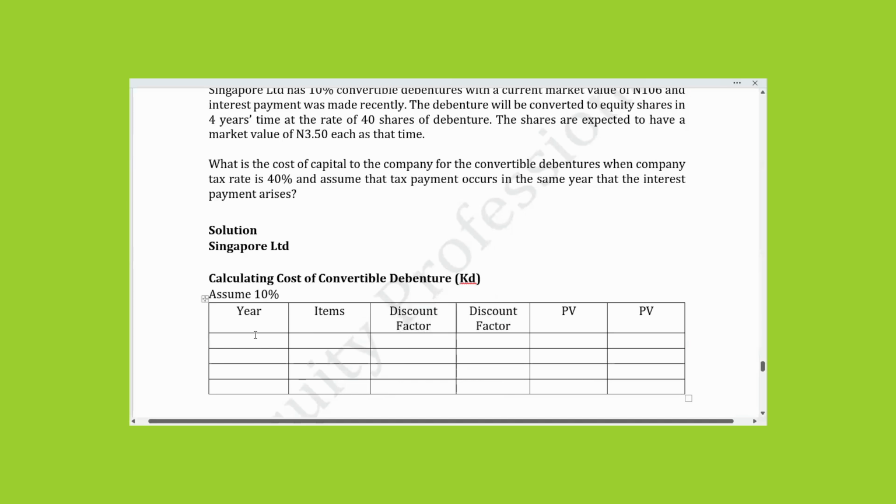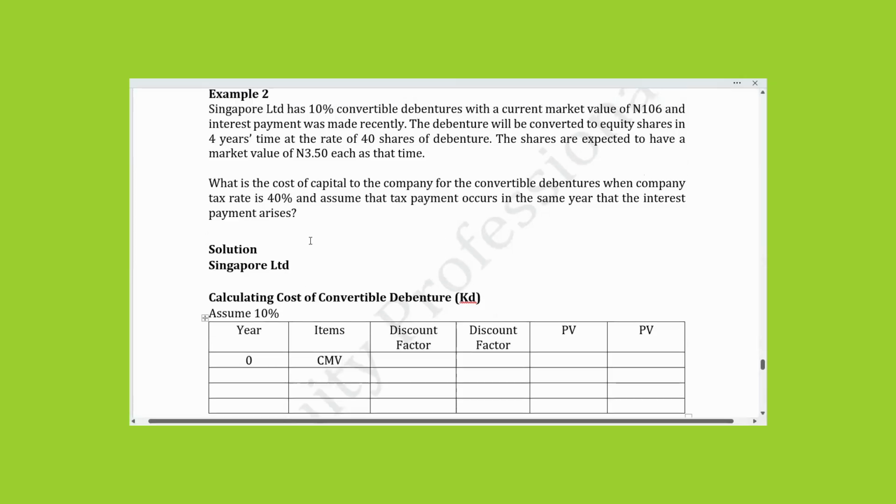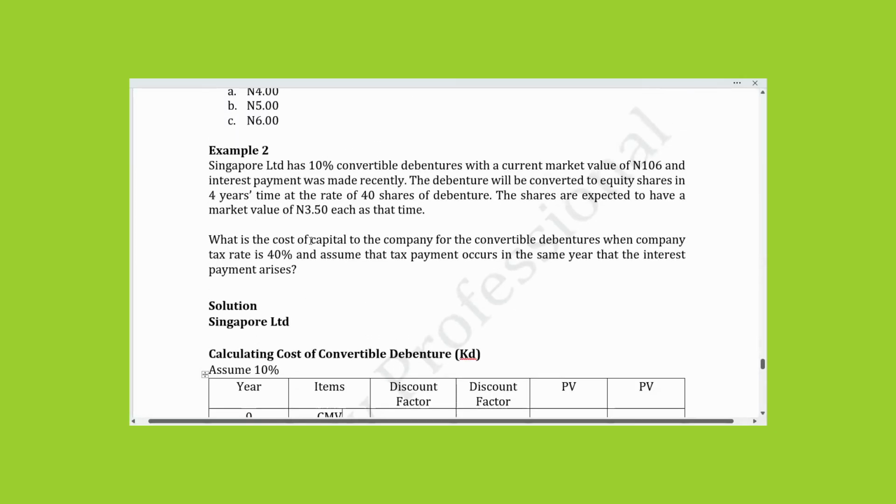Remember, we are calculating NPV, so you have to start from year 0. So the first item will be the current market value. You then go to the question, how much is the market price of this convertible debenture? According to the question, the examiner told us that Singapore Limited has 10% convertible debenture. This 10% is the interest rate that the company will pay to the debenture holders with a current market value of 106 naira.